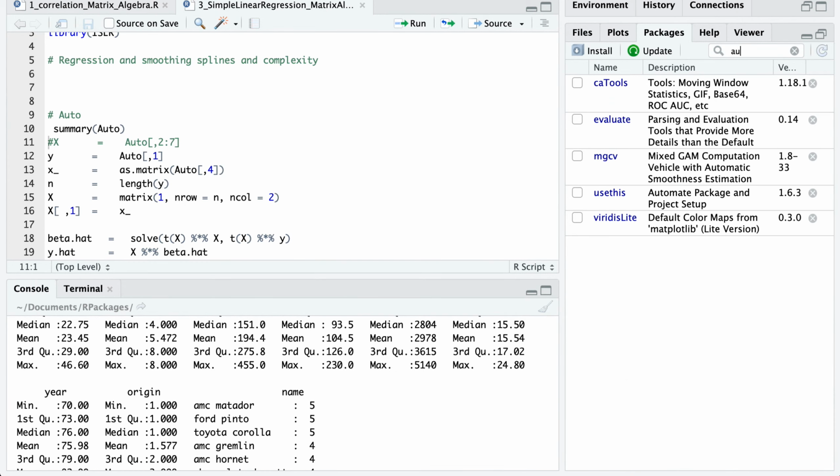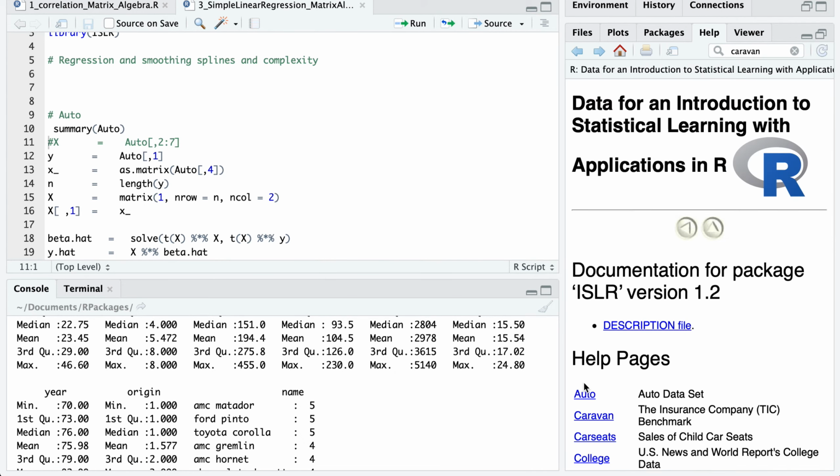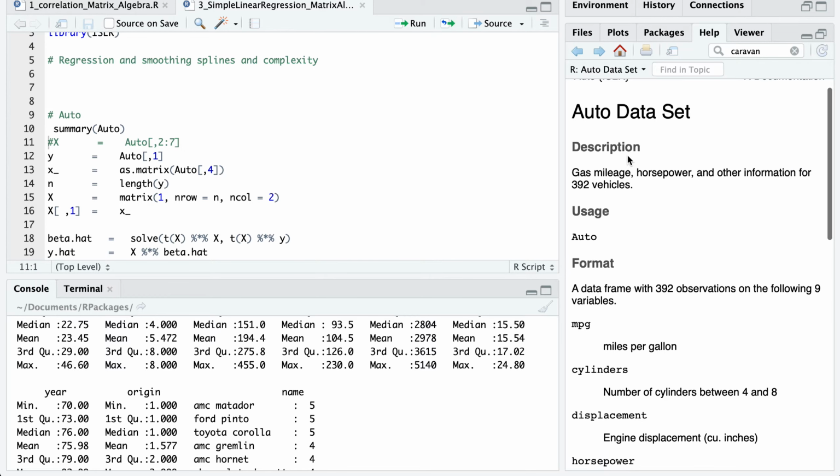Let's look at it. Auto has gas mileage, horsepower, and other information for 392 vehicles.